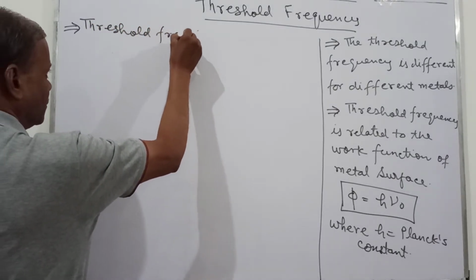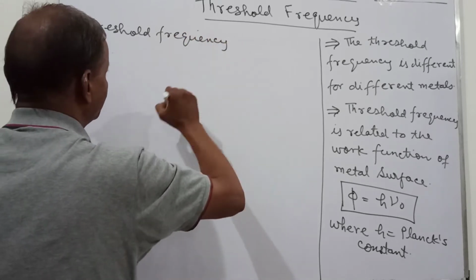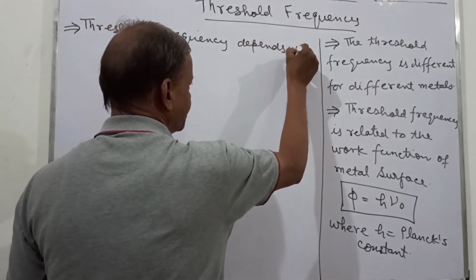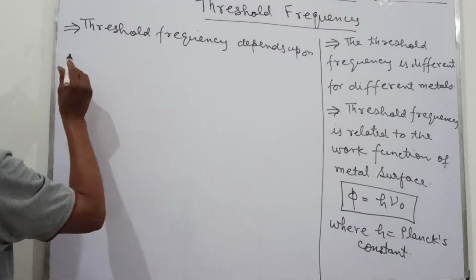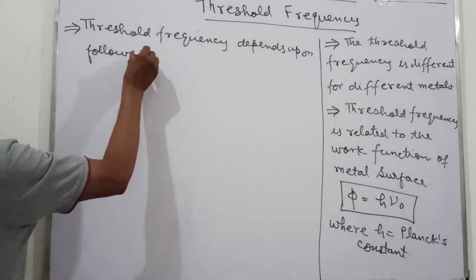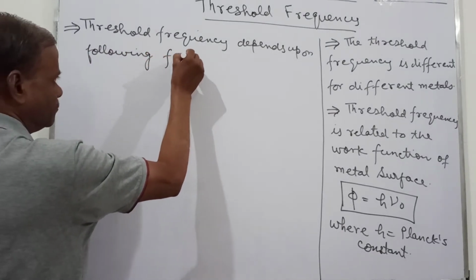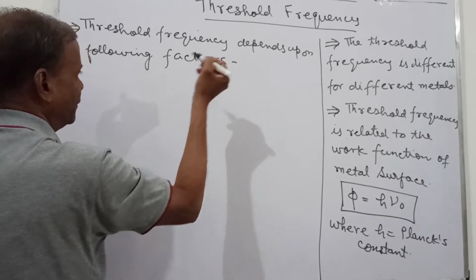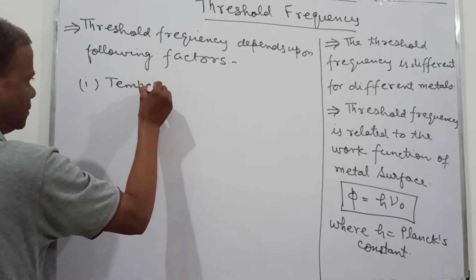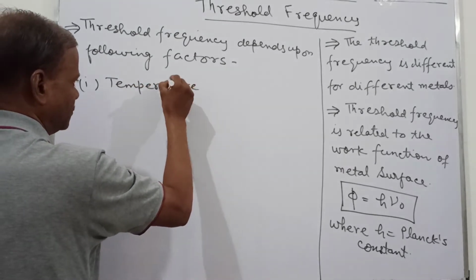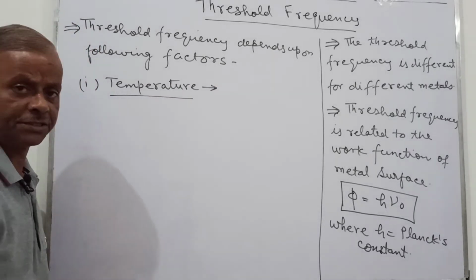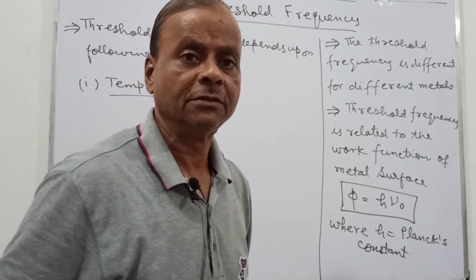Threshold frequency depends upon the following factors. Number one, temperature. When temperature is increased, the threshold frequency decreases.